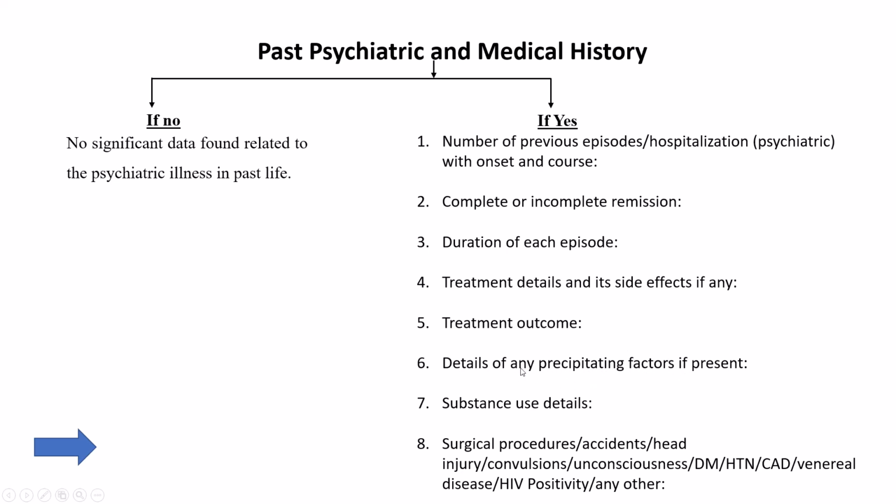Like that we have to find the cause of the onset of the problem. Substance use details: if he is taking alcohol, cigarettes or any drugs, then we have to write here. Surgical procedure, accident, these are related to the medical history; if available, we have to mention here. This we can mention paragraph-wise or point-wise.